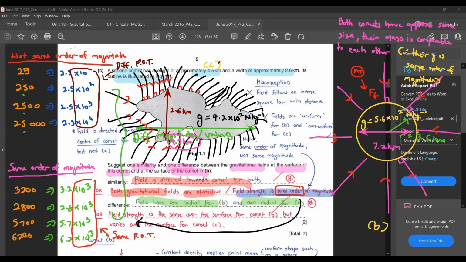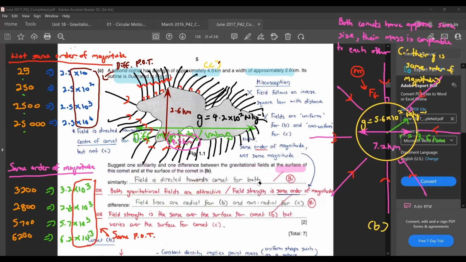Okay, now then after that, if you look at the differences part, the statement in red that is from the marking scheme also, they told you that field strength is the same over the surface of the comet for B, but varies over the surface of the comet for C. Now here they are telling you specifically that for B, the uniform shaped comet, the field strength is actually the same over the surface, throughout the surface.